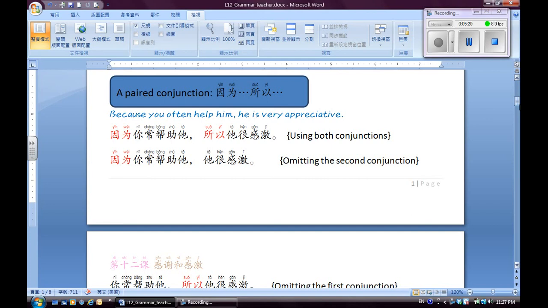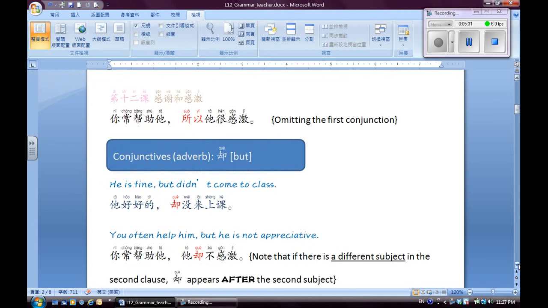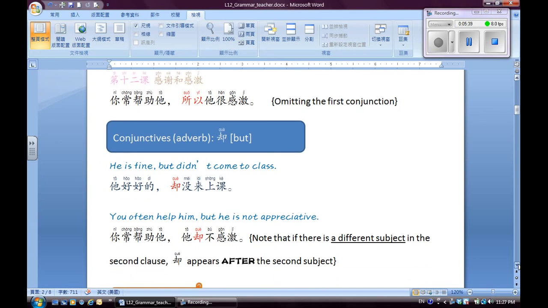Or you can omit the second one: 因为你常帮助他，他很感激。Third one: 你常帮助他, omitting the first one, 所以他很感激. All three of them are grammatically correct.